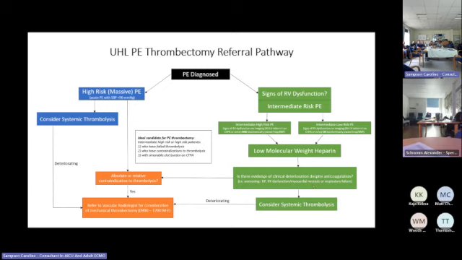And if they continue to deteriorate, then we'd be happy to have that discussion about mechanical thrombectomy. But at the same time, if it's early enough, they could also consider systemic thrombolysis. But I think at every point in the pathway, we'd be happy to be contacted early on if there's a question about whether a patient may or may not be a candidate for mechanical thrombectomy. And if they're not, I still think it's a worthwhile conversation to have.